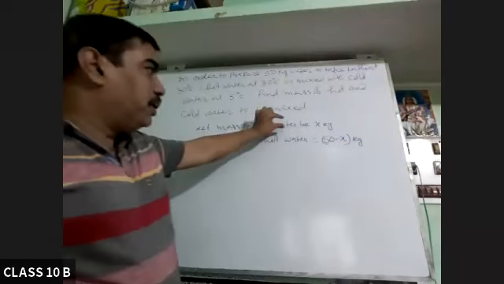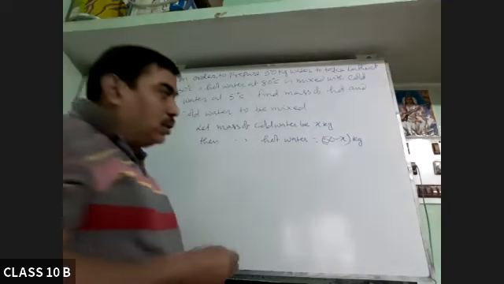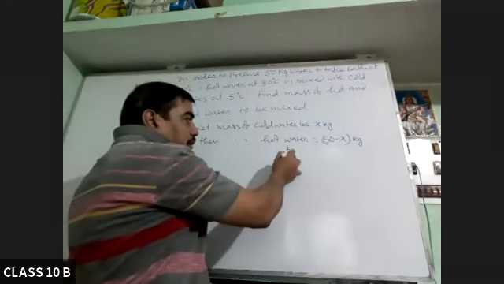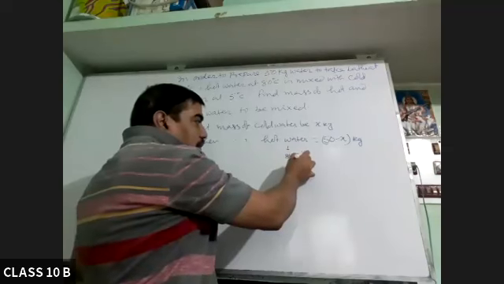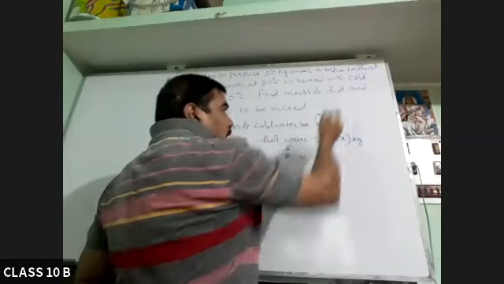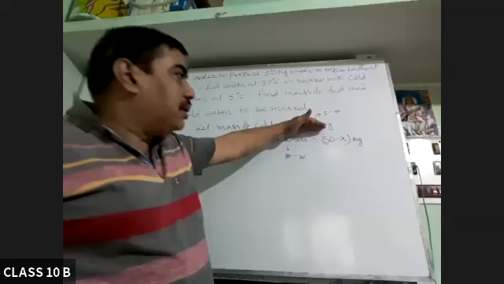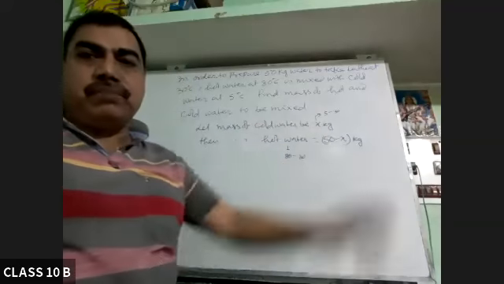Now heat will be lost by this hot water, which is at 80 degrees. Its temperature is decreasing from 80 to 30, whereas the cold water's temperature is increasing from 5 to 30. So heat gained by this and heat lost by this will both be equal.